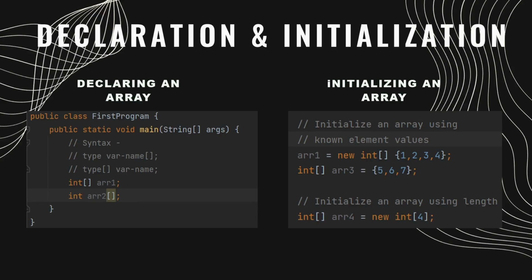In the example, an array of length 4 is instantiated with elements 1 to 4. Alternatively, you can create an array by specifying only its length. In this case, the array arr4 has a length of 4 elements, and since no initial values are defined, all elements will default to 0.